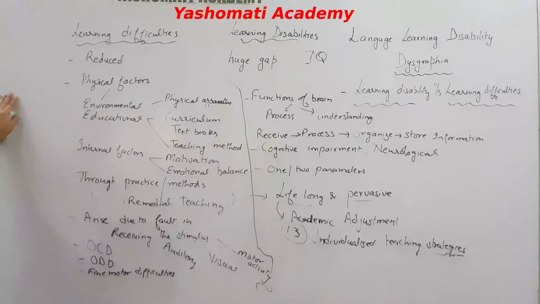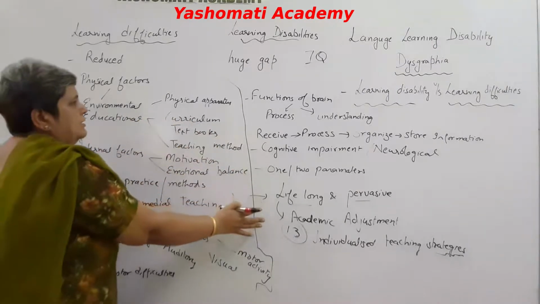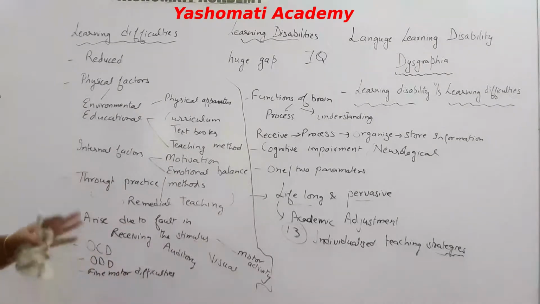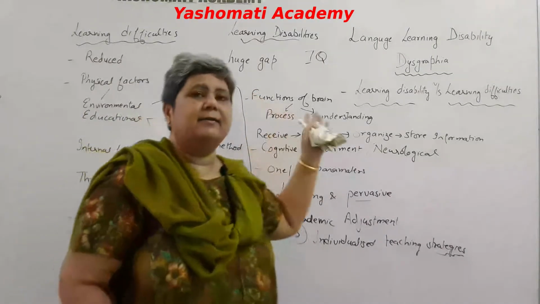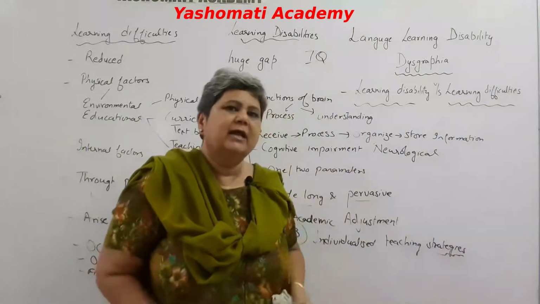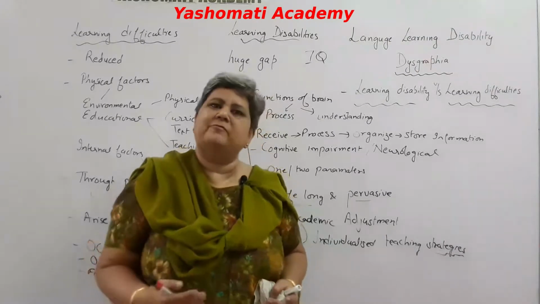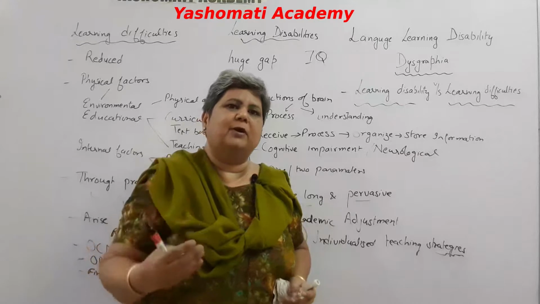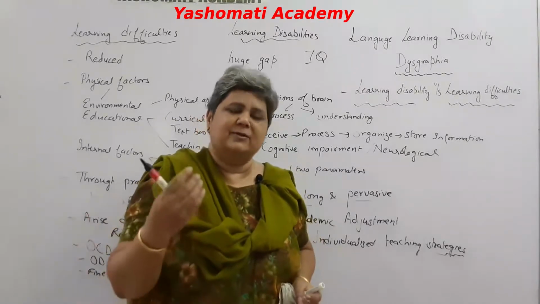One must not feel, as a parent or as a teacher, that if my child has a learning disability, there is no hope. There is hope. There are so many important, well-known personalities who had learning disabilities and they did very well. Rather, they became very famous. If you search through the net, you will find the life history of so many important people like Tom Cruise, like Agatha Christie, and so many others.